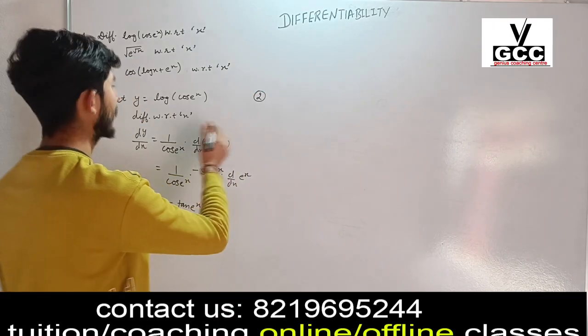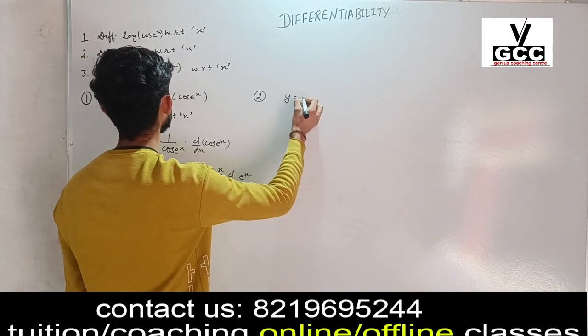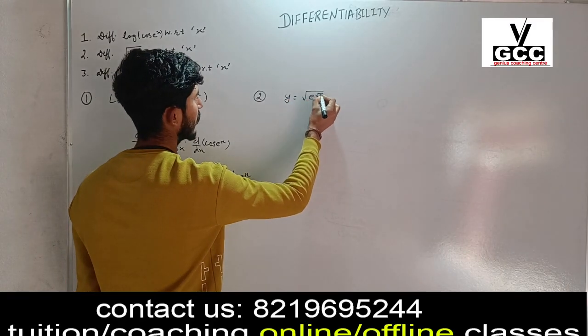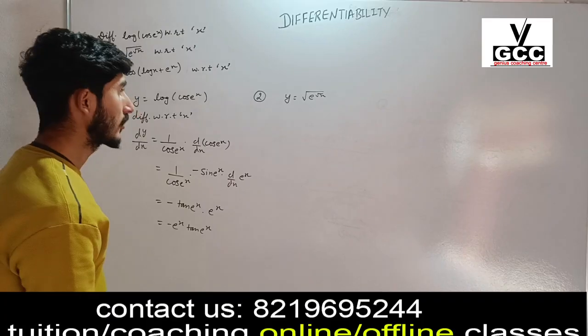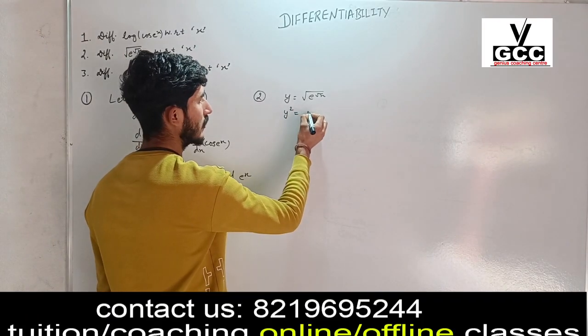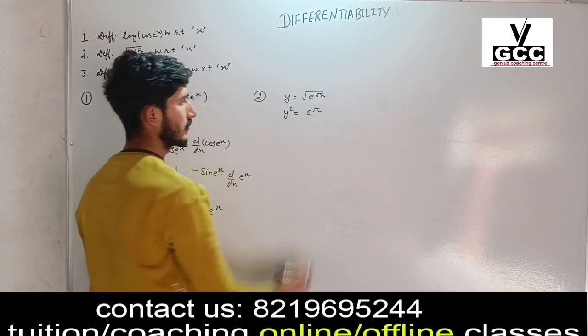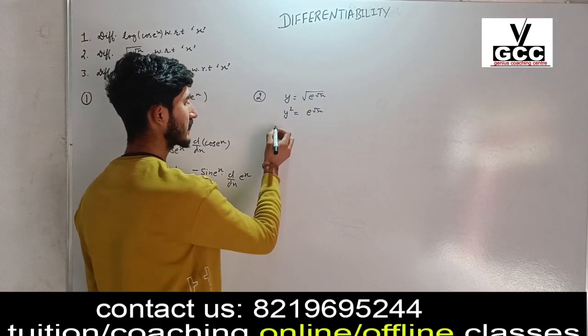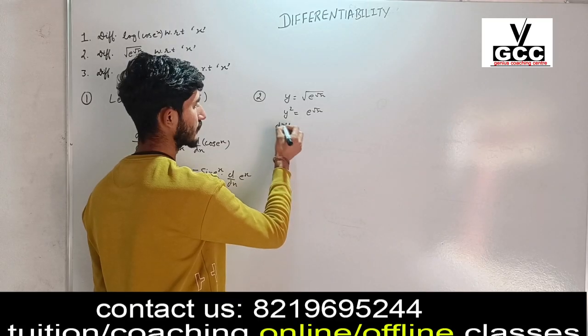Similarly, we have another question. Let y is equal to under root e^(under root x). Now squaring on both sides, y square is equal to e^(under root x). Now differentiate with respect to x.